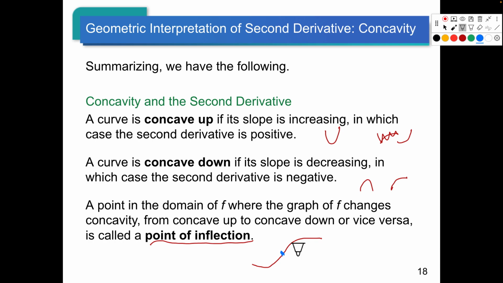Okay, so let's think through here. This is concave up. So what's the sign of the second derivative? Is it positive or negative? Concave up, smile, positive things are happening. Up here, concave down, we're frowning, negative things are happening. How can you go from being positive to negative?